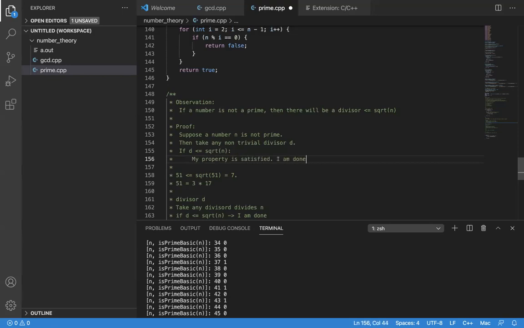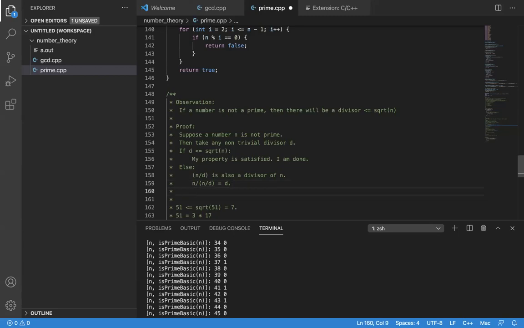I'm done. Fine? Because I'm trying to prove this. Otherwise, if I divide n by d, this number n by d is also a divisor of n, because n by d also divides n. So what will be n divided by n by d? This would be d.